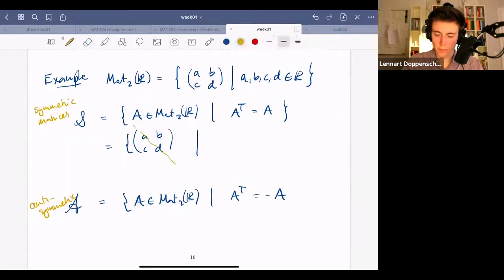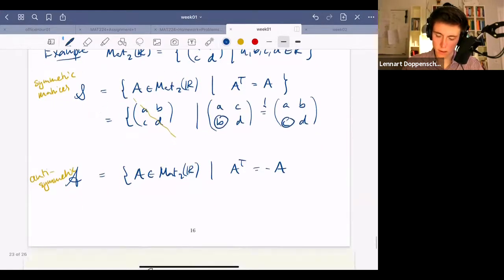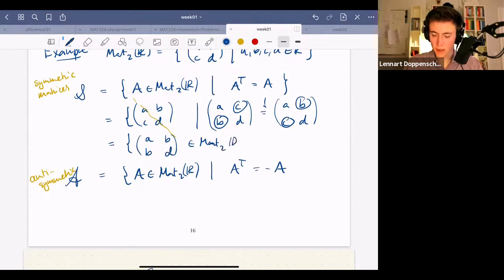So it will be A, D and then C, B. The condition just translates to these having to be equal, and that just means B and C have to be equal. Same here. So in total, this will be all the matrices (A, B; B, D) in all 2x2 matrices.